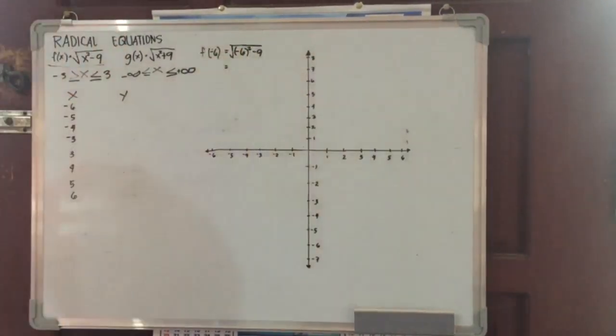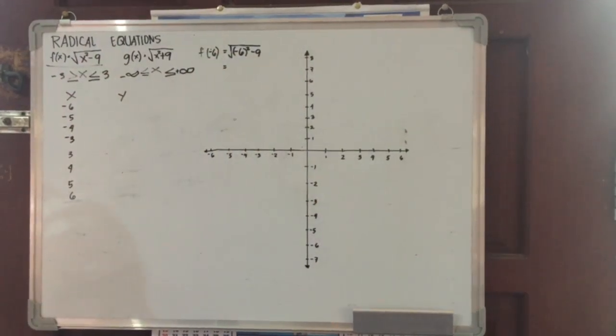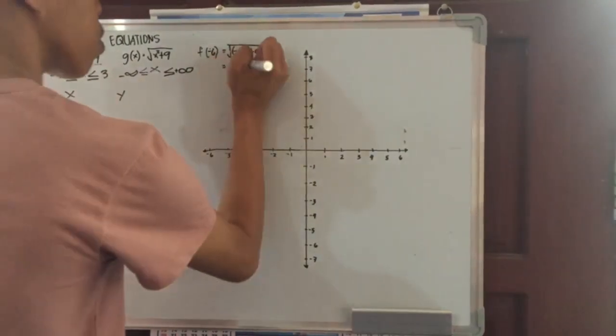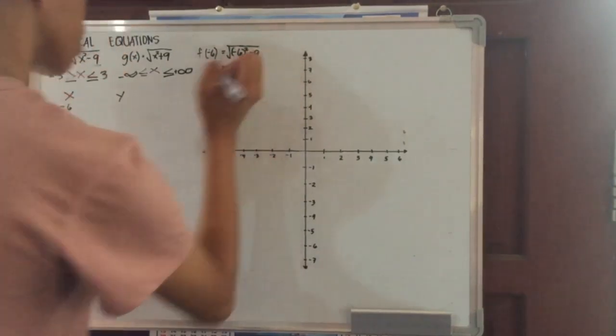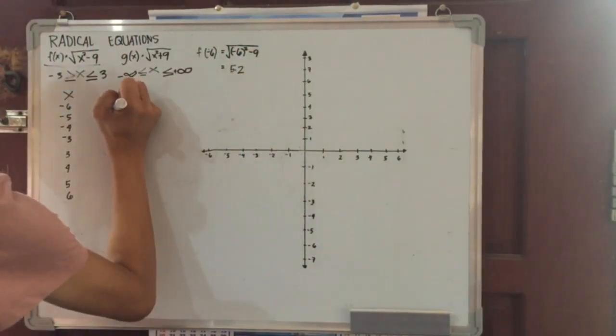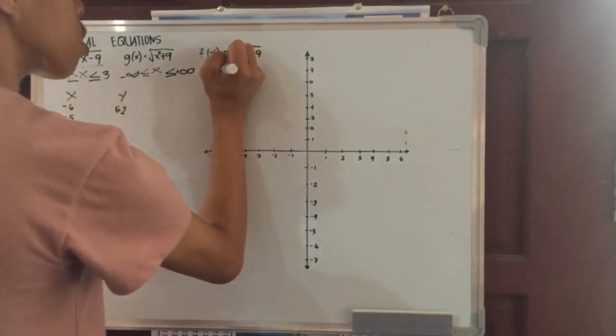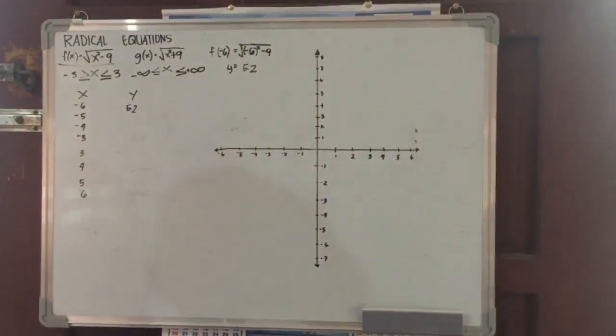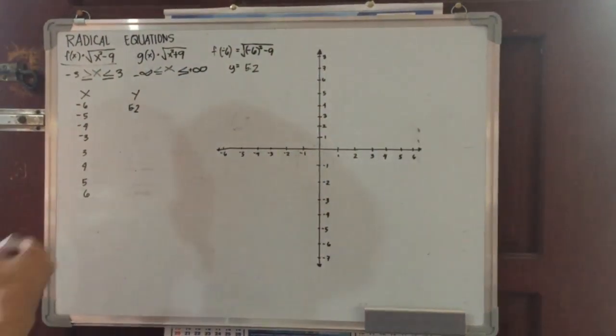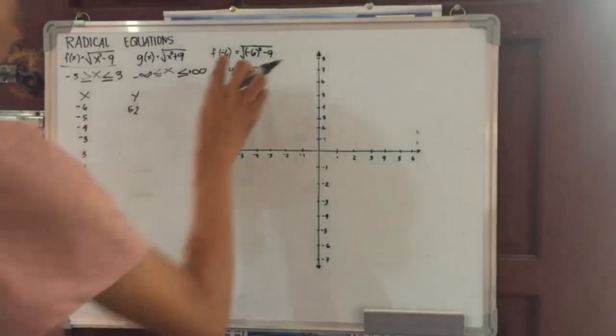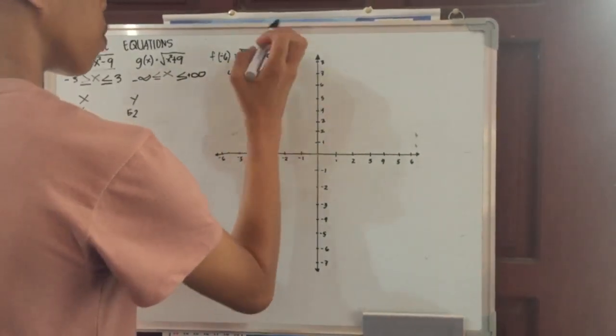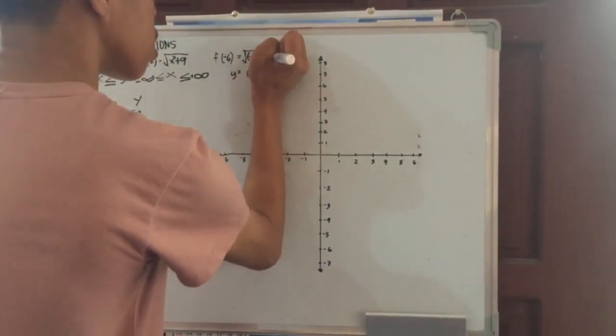So that would be equal to 5.2. So let's put it here. So y is equals to 5.2. So the next value is negative 5, then you can just simply put it in here.